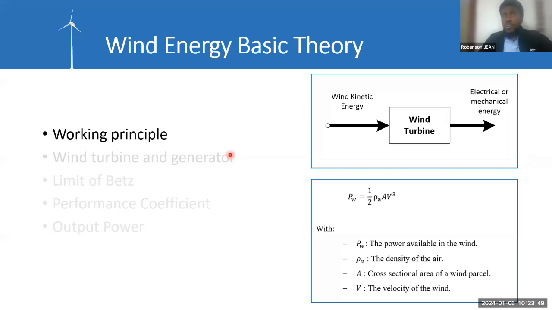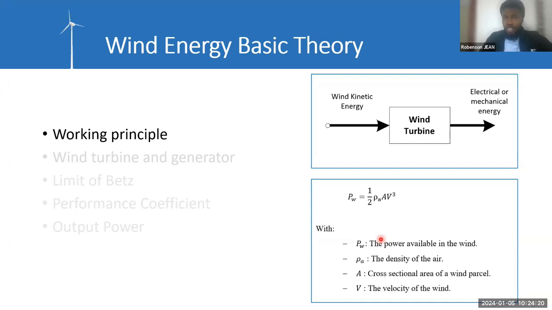So what we can do is extract this kinetic energy in order to produce another form of energy. What we do with a wind turbine is extract the kinetic energy contained in the wind and transform it into mechanical or electrical energy. So how does it work? Let us see the parameters.